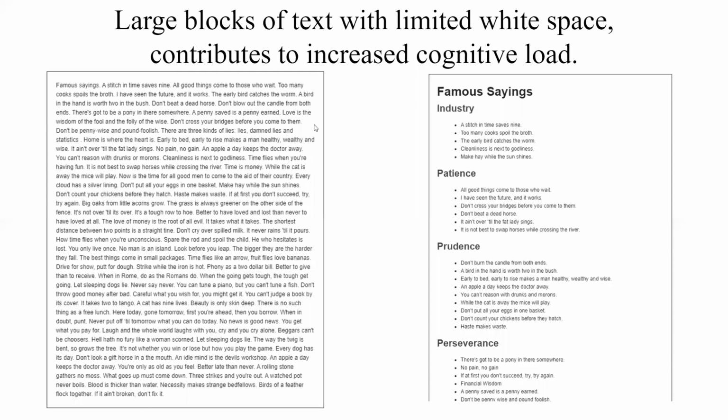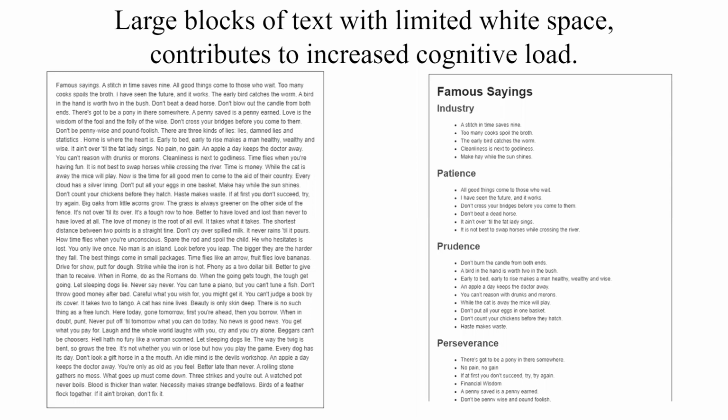So here is an example of what I was talking about. On the left side, I have this big block of text. You could start reading through it: famous sayings, a stitch in time saves 9, all good things come to those who wait. But if you look over to the right-hand side, how much easier is that to read?